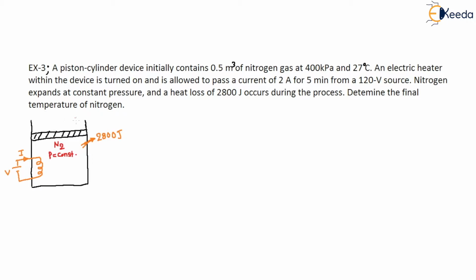Because atmospheric pressure doesn't change, so the pressure stays constant at the equilibrium pressure. There is also heat loss: there is no insulation here, so while we are supplying energy, there may be transfer of heat from the system to the surroundings.